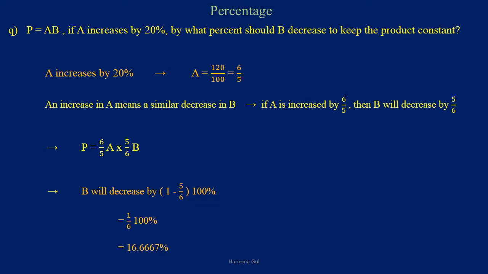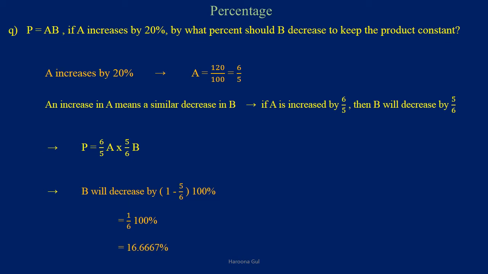Now, if this question had asked for a percentage increase, like if A decreases by 20%, by what percent should B increase to keep the product constant, then we would have added 5 over 6 with 1, right?